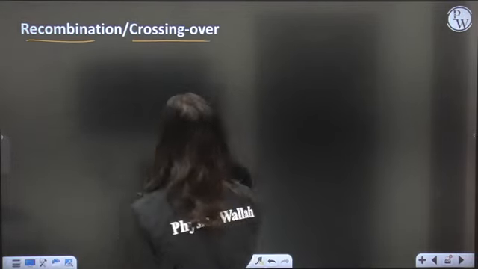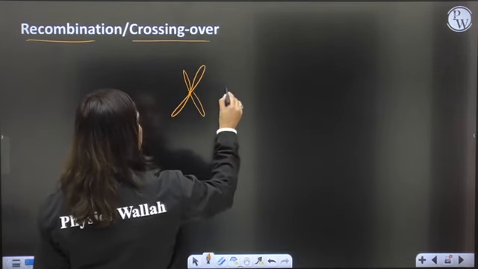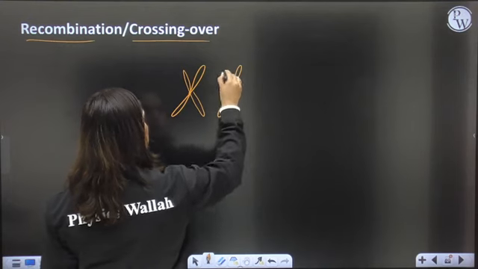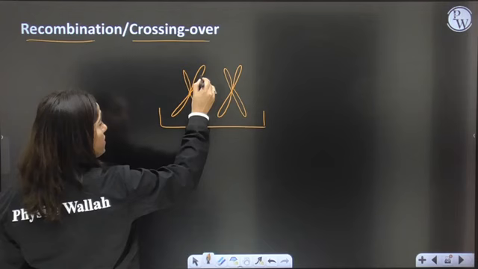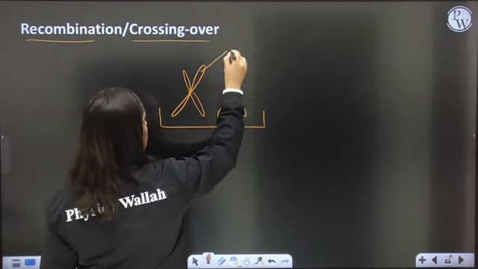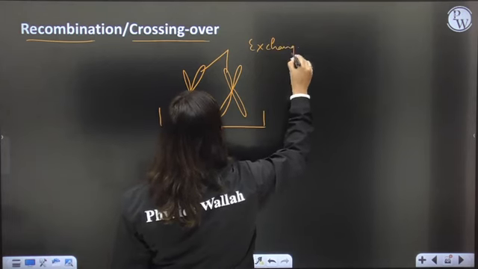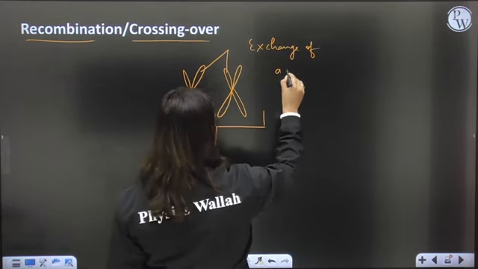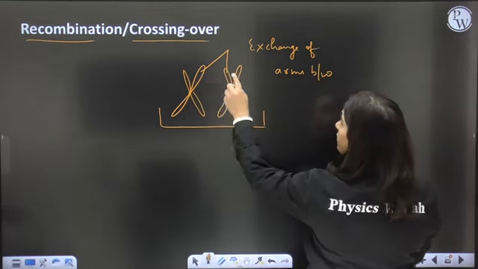Because we know what happens during crossing over. There is genetic exchange. There is exchange of arms between non-sister chromatids.